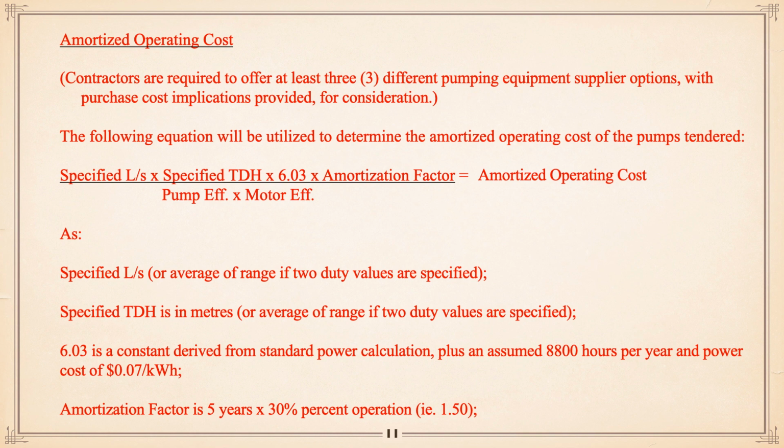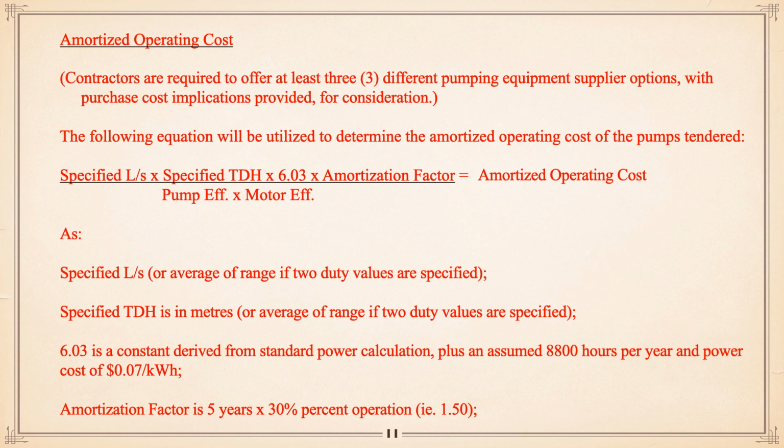And if you've got two duty points, then the average between them, and a constant derived from standard power calculation plus 8,800 hours of operation per year and power cost, as you can see there, 0.07 cents per kilowatt hour.